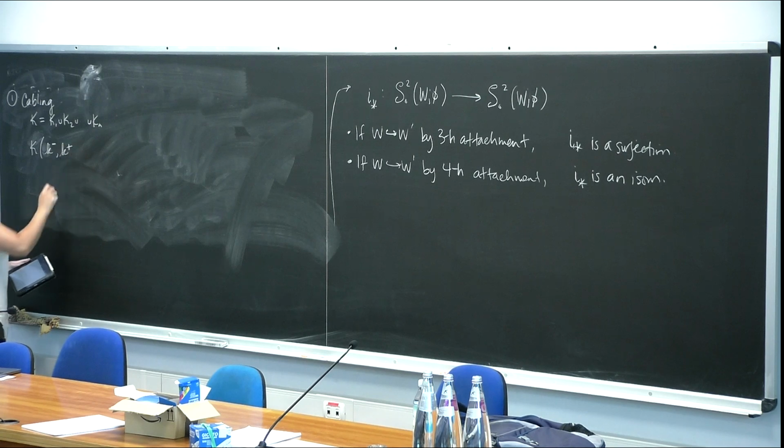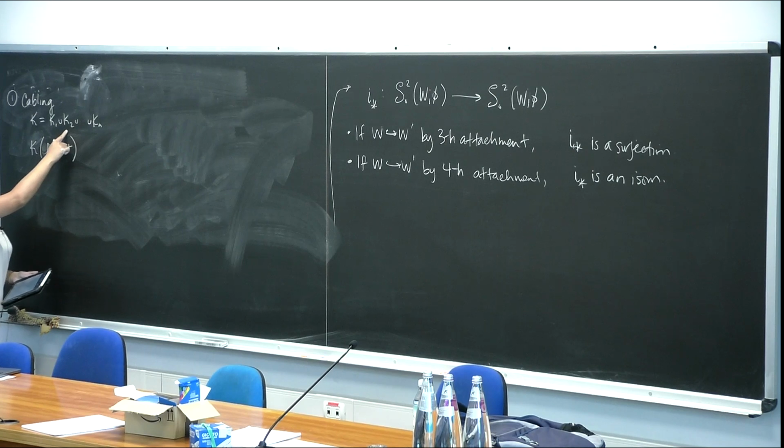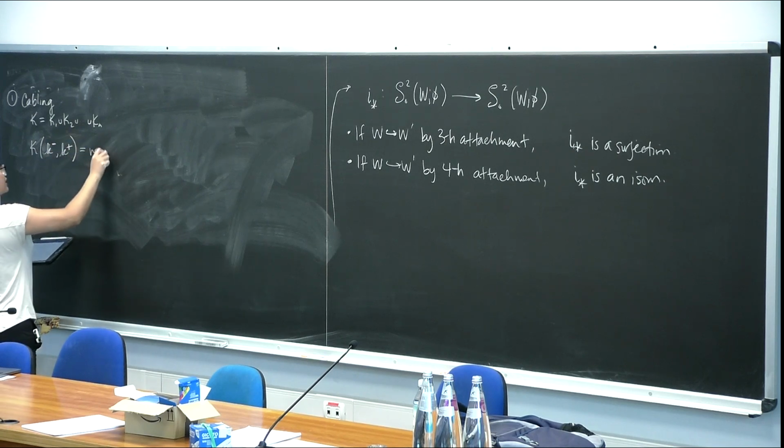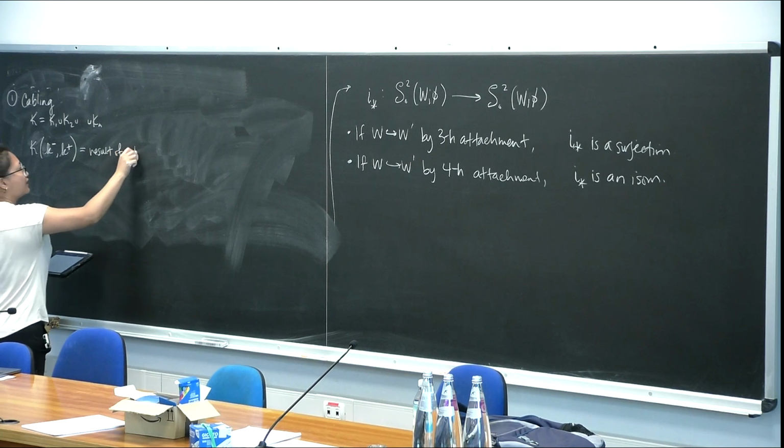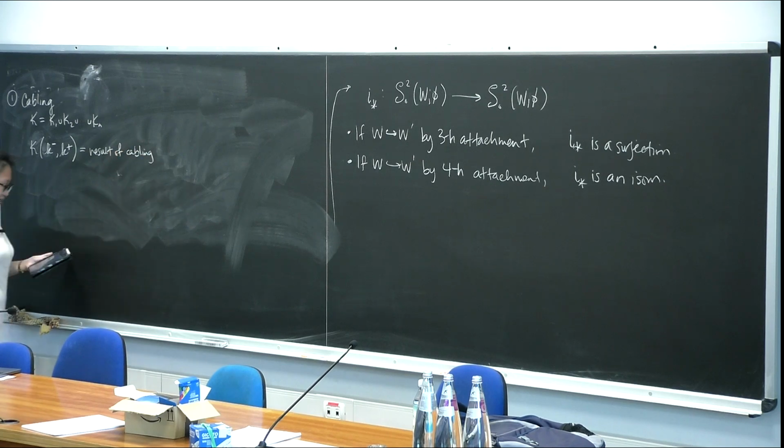K plus keeps track of how many components of the cabling are parallel to the original orientations. Okay, this is the result of cabling. So this is an extremely cabled link.